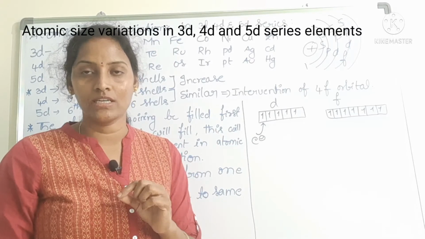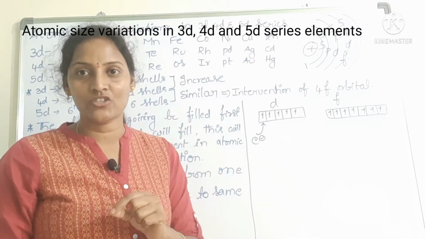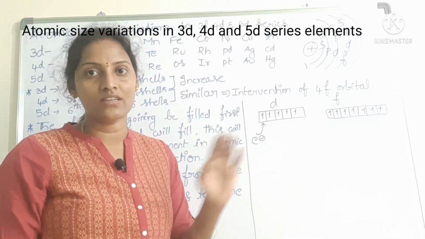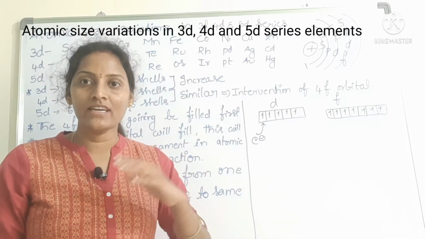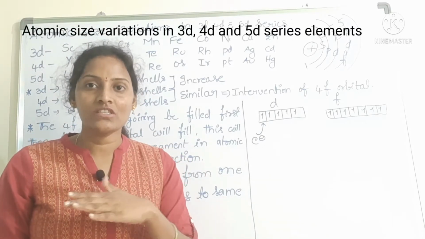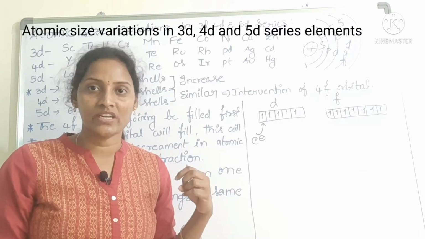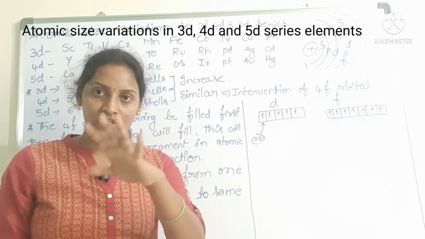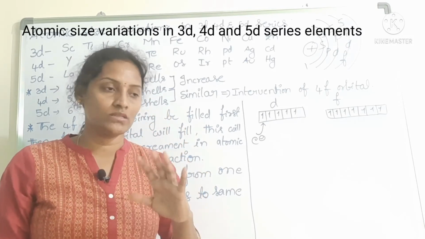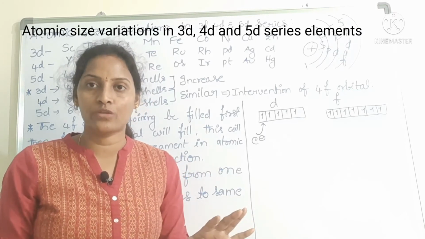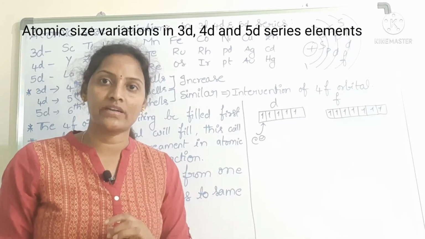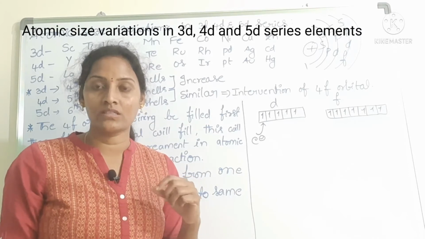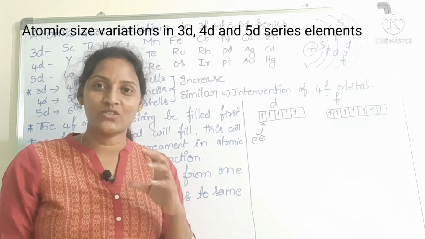But what happens here, the inner electron has negative charge, and the outer electron also has negative charge. So the inner electron opposes the outer electron towards the nuclear attractions. It is as if it says: you just stay there, don't come to my side, because I am comfortable with the half filled configuration and I have so much nuclear attraction. Why are you coming inside and disturbing me?